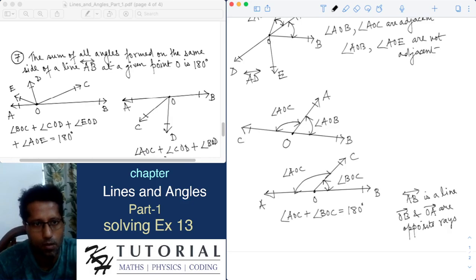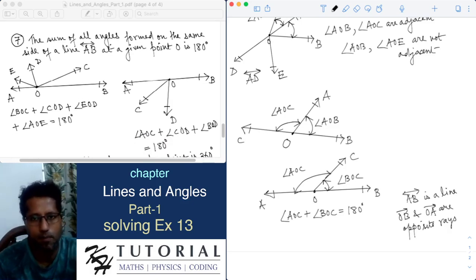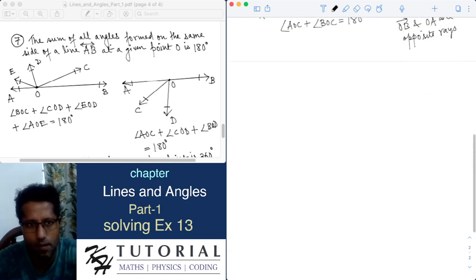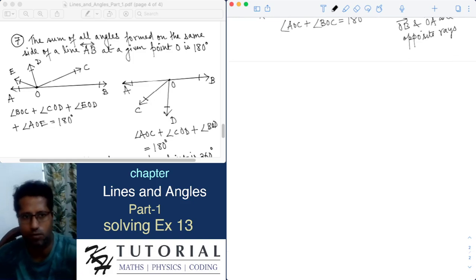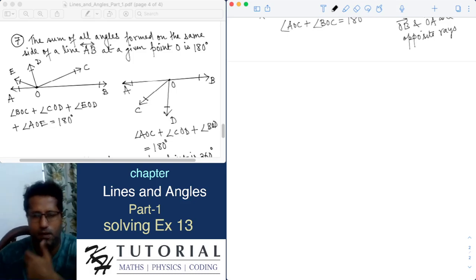Okay, now point number 7 says that the sum of all angles formed on the same side of a line AB at a given point O is 180 degrees.